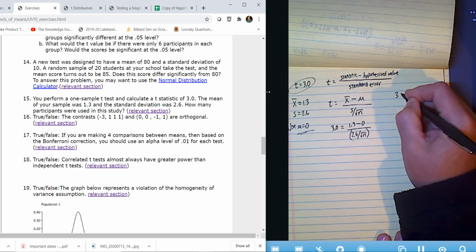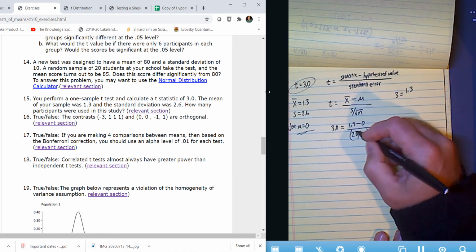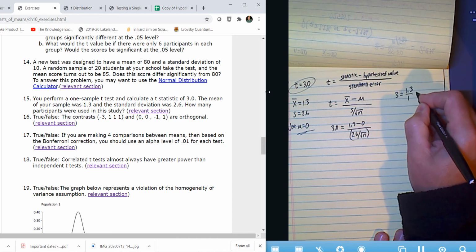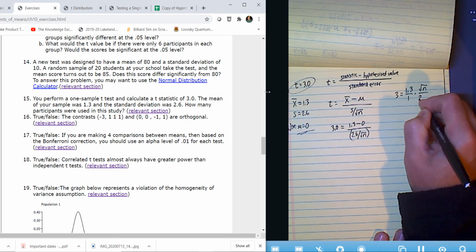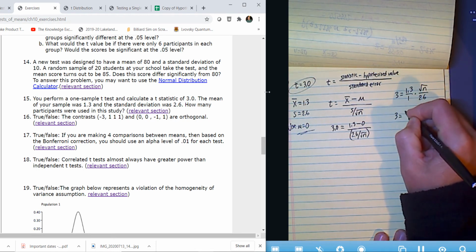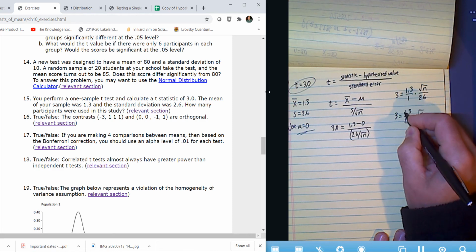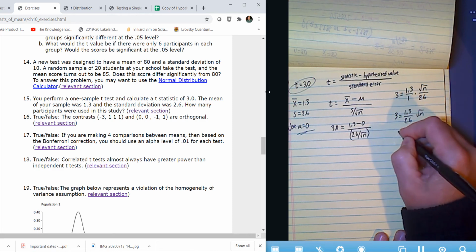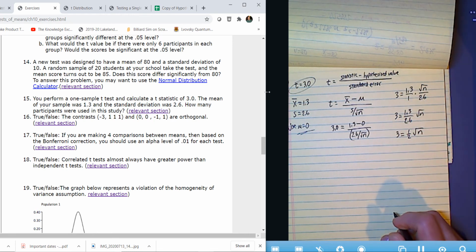We have 3 is equal to 1.3, and instead of dividing by a fraction, you might remember that you can multiply by the reciprocal, so I can write square root of n over 2.6. So my equation now says 3 equals 1.3 over 2.6 times the square root of n. By the way, what's 13 divided by 26? That's 1/2. So 3 is 1/2 times the square root of n.